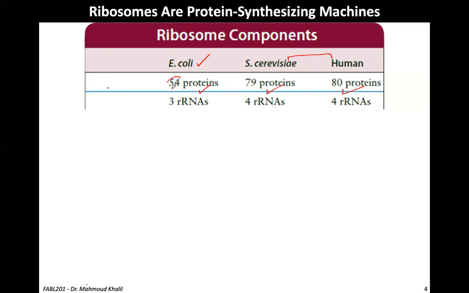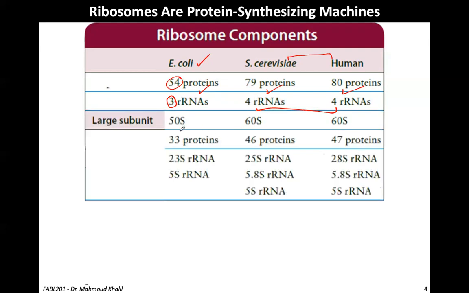These 54 proteins in E. coli are complexed with 3 ribosomal RNAs, and in eukaryotes in general, the proteins are complexed with 4 ribosomal RNAs. The large subunit is 50S in E. coli, and 60S in yeast and human.